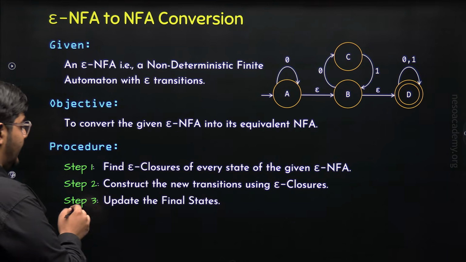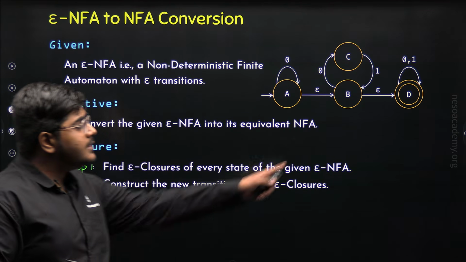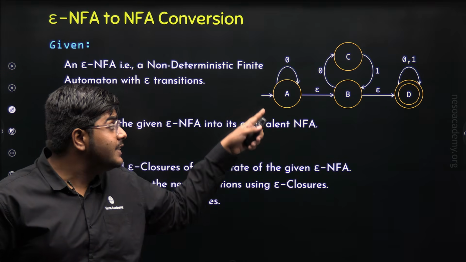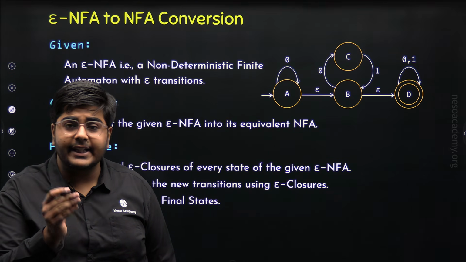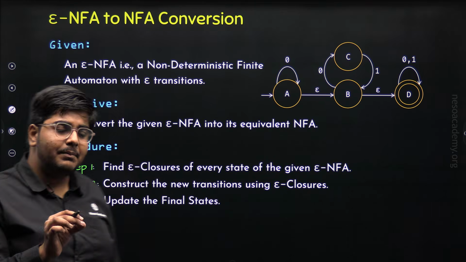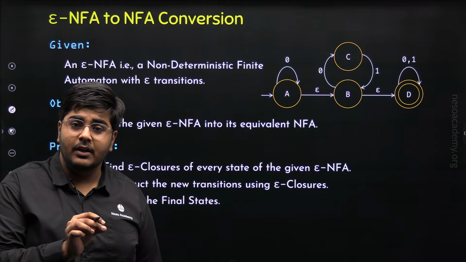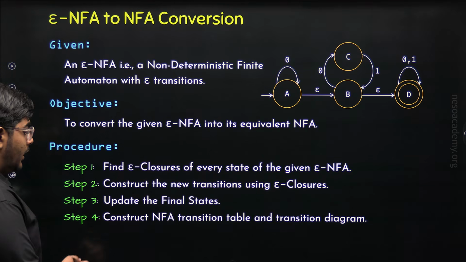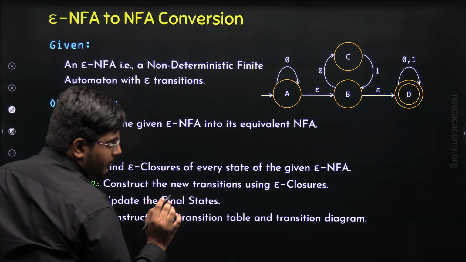Step number 3 is to update the final states. So this D is the final state of this epsilon NFA, but we need the final states of our resulting NFA. So in step number 3, we will find the final states of our resulting NFA. In step number 4, construct the NFA transition table and transition diagram.